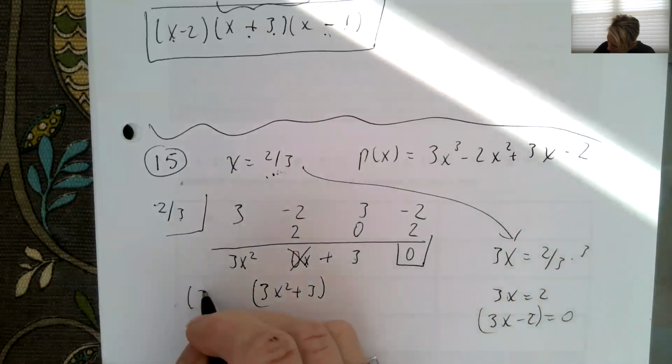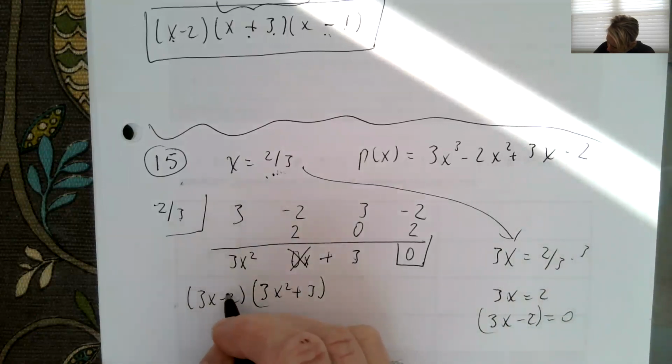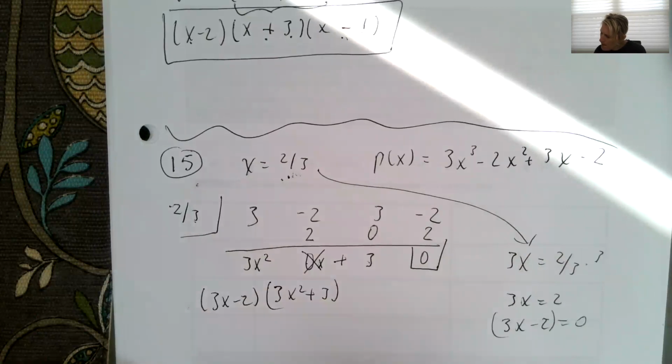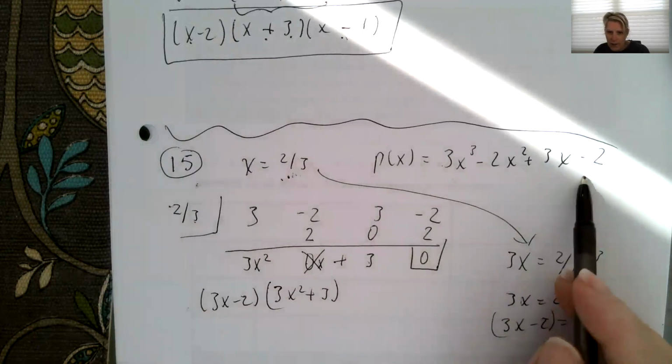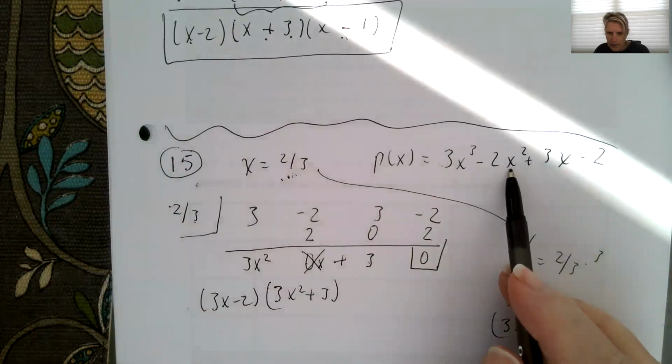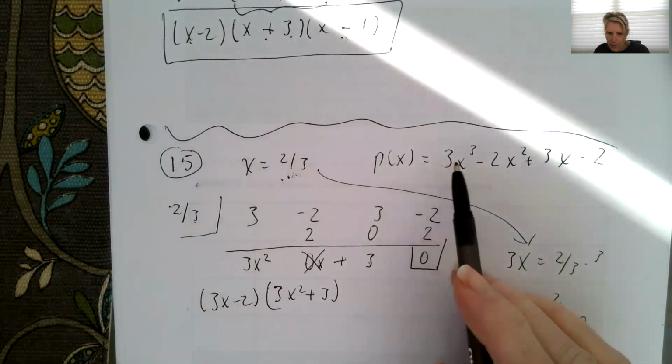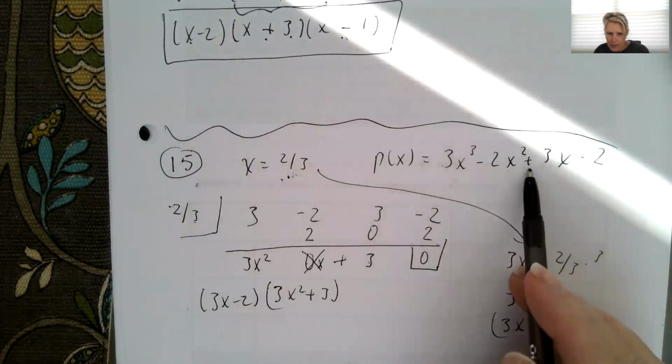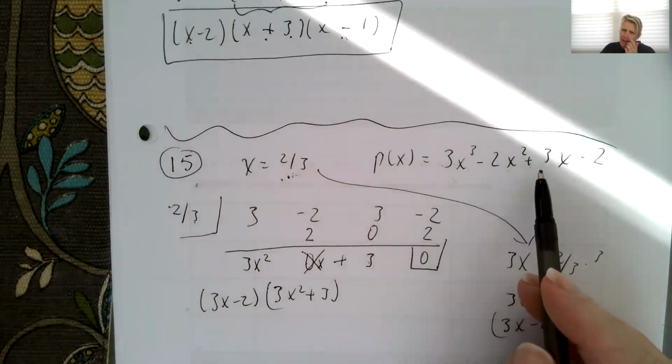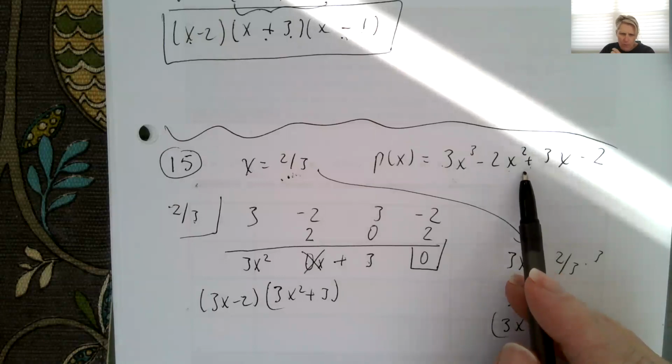So 3x minus 2. And actually, we could have originally done this in the grouping method by factoring out an x squared. We would have had 3x minus 2 left over. And then a 3x plus 1.